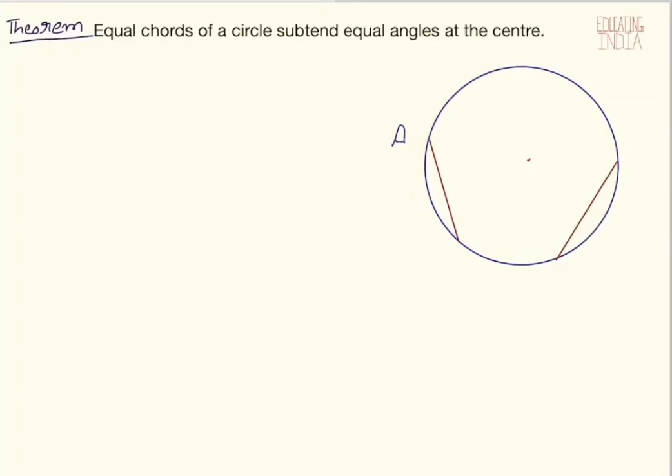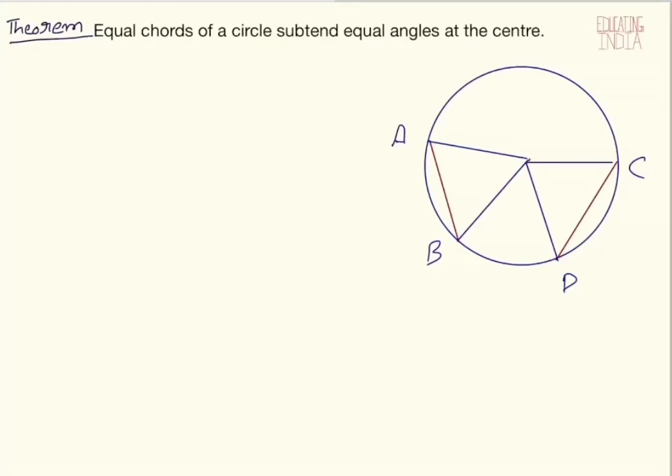We have to prove that these two chords AB and CD subtend equal angles at the center of the circle. This is the angle subtended by AB and this is the angle subtended by CD.